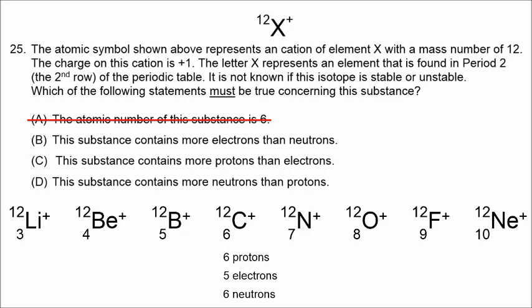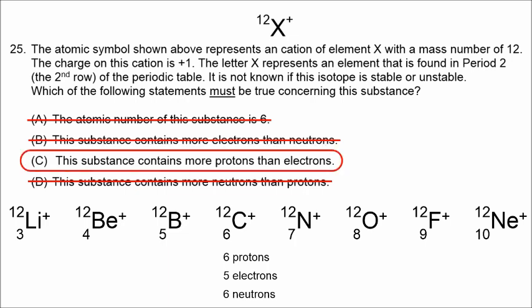So choice B is not necessarily true. And again, neutrons do not necessarily have to be more than protons by looking at this example. So the correct answer for number 25 is C. It would have more protons than electrons no matter what it is because it carries a positive 1 charge.